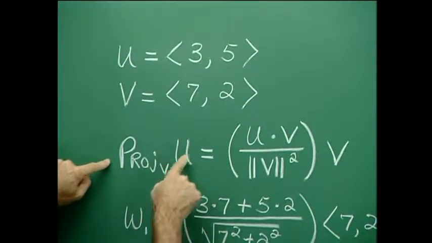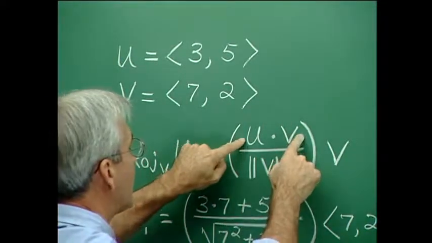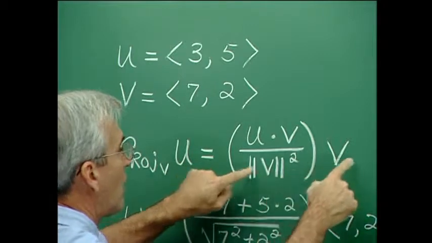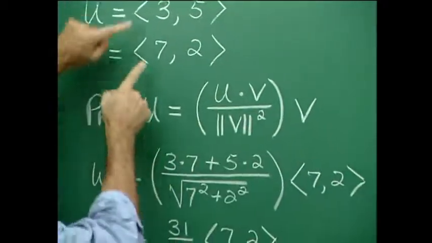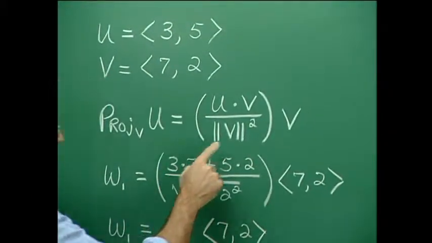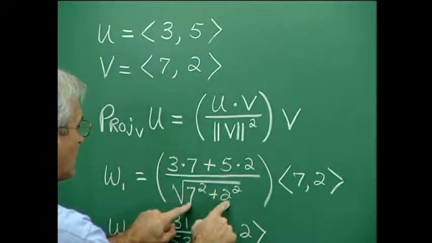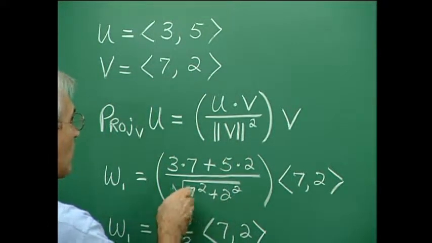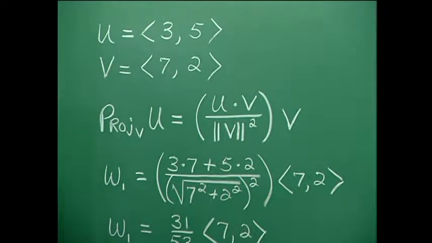The projection of u onto v goes with this formula: the dot product of u and v over the magnitude of v squared, all times v. The dot product of u and v is 3 times 7 plus 5 times 2. And the magnitude of v is the square root of 7 squared plus 2 squared, and now we want to square that. I forgot that part of it, and away we go.